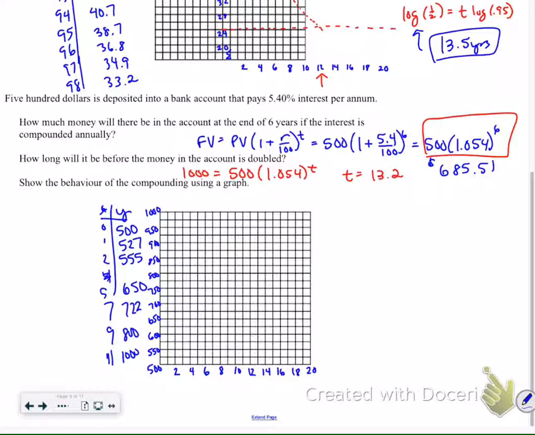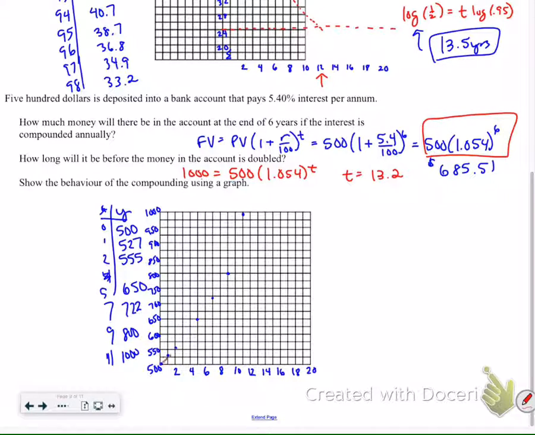So we've got a point here. 1 is about 525. 2 is about 550. Then I skipped a 5. 5 is 650. 7 is about 725. 9 is 800. And 11-ish is about 1,000. It was a little bit shy of 1,000.